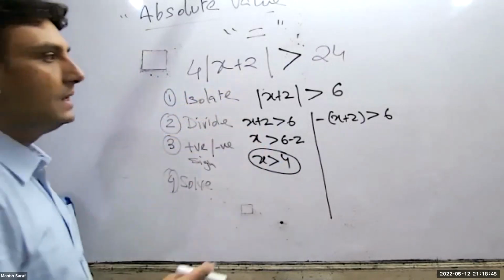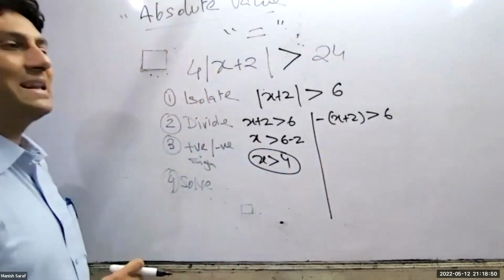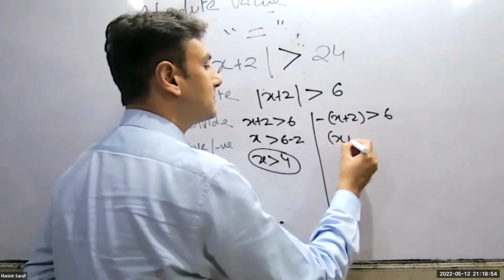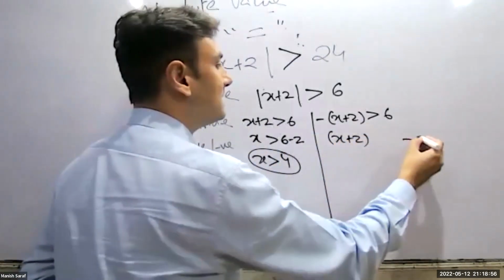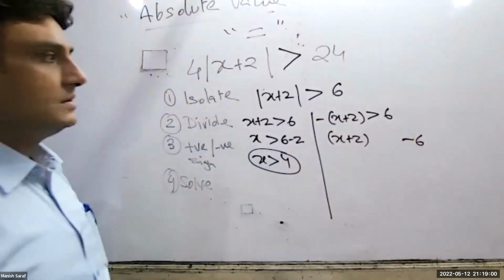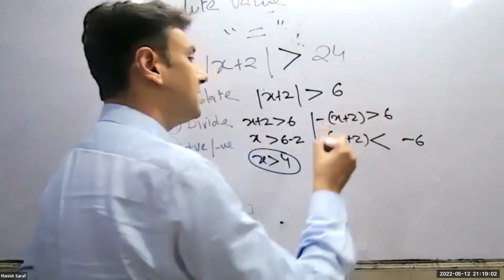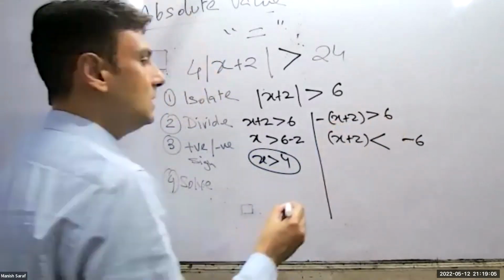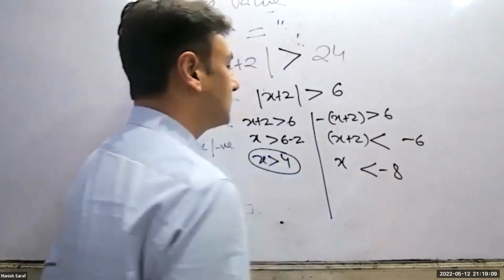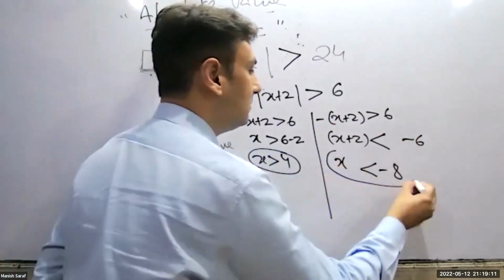Now solve further. This one has a minus, so multiply by minus 1 on both sides. Multiplying by minus 1, this becomes x plus 2 and this becomes minus 6. Because I am multiplying by a negative sign, the sense of inequality will change. Okay? Then subtract 2 from both sides. Did you understand this?